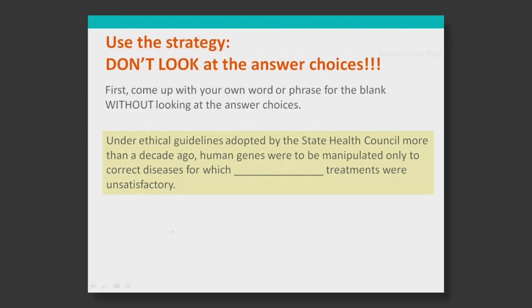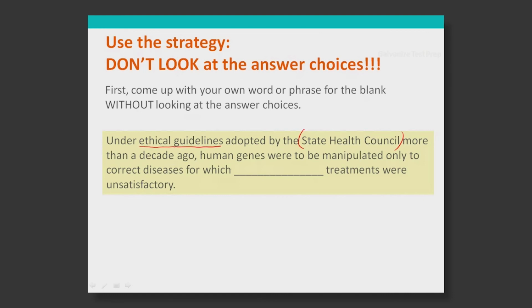All right, so if you remember this strategy, we're supposed to read carefully, understand every word. If you need to, break it down into chunks. So let's just break it down into chunks and see what the sentence is trying to tell us. Under ethical guidelines adopted by the State Health Council. Okay, so there's a State Health Council. We can understand that there's some body that determines what's good for health for a particular state. And there are ethical guidelines.